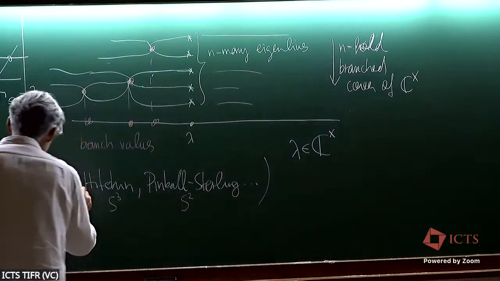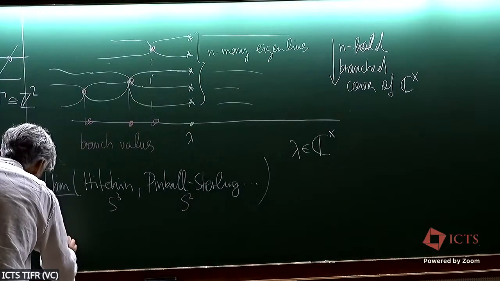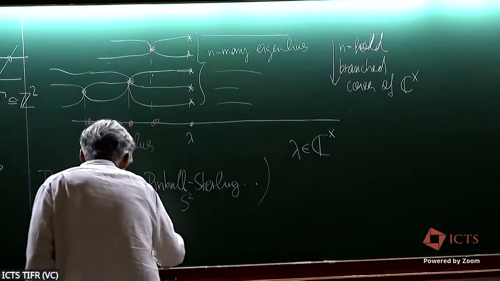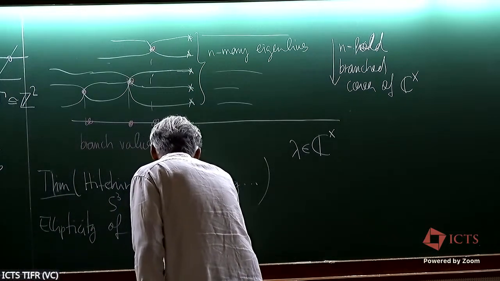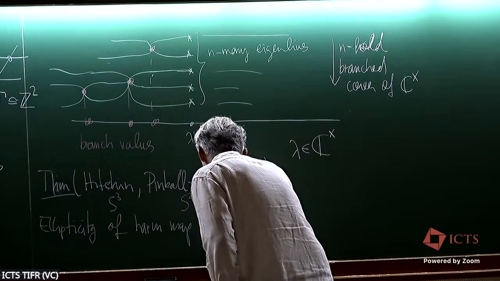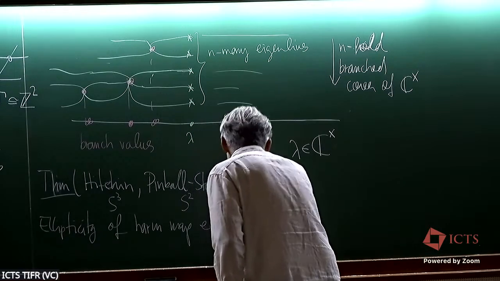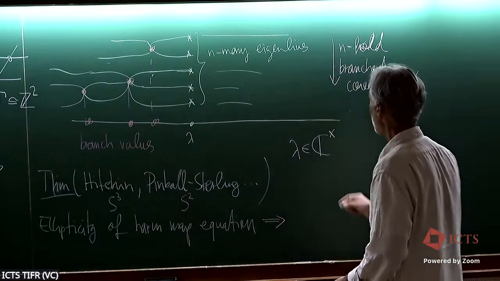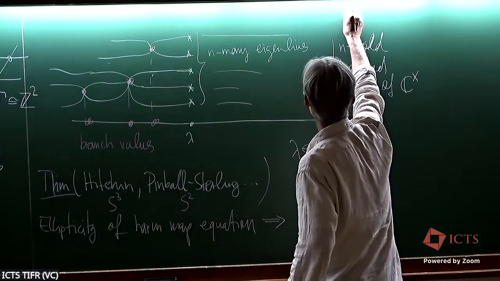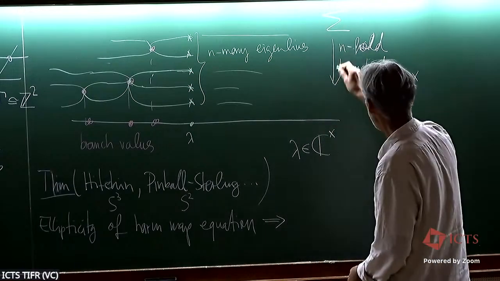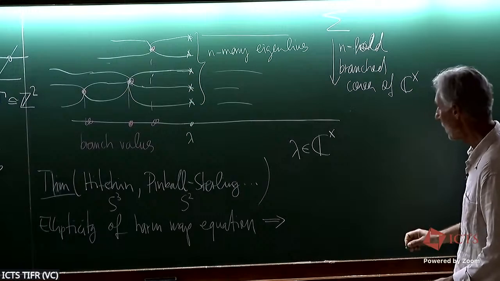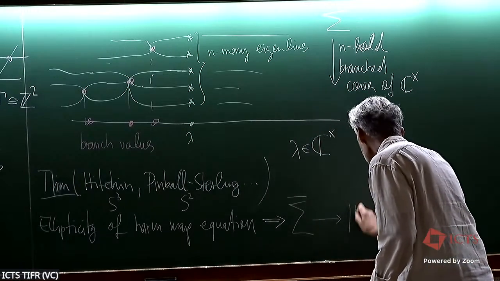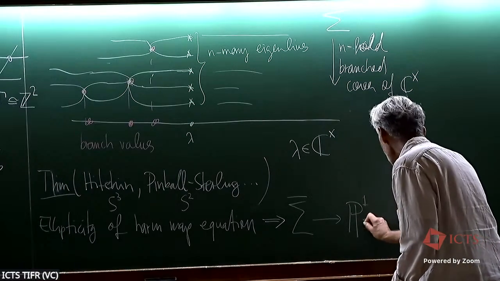So the ellipticity of the harmonic map equation, this is a subtle argument, implies that this green surface here, which let's call sigma, which goes down to punctured C, extends over P1, where lambda is in P1.